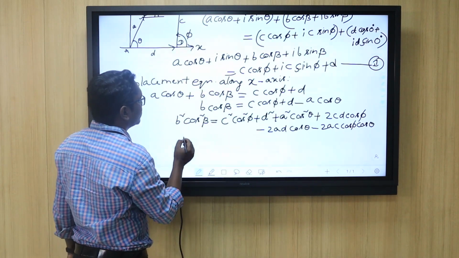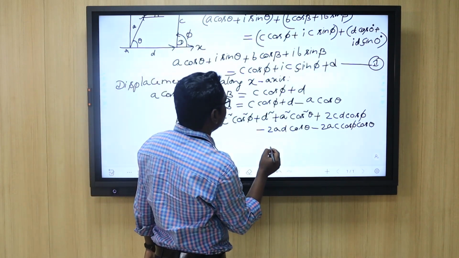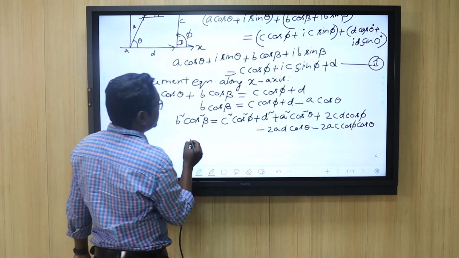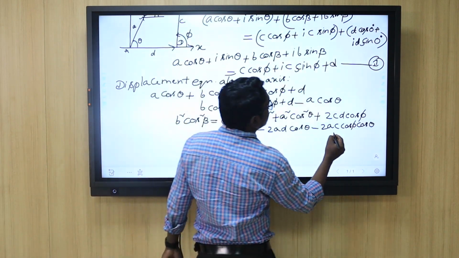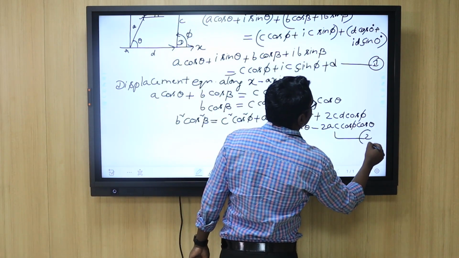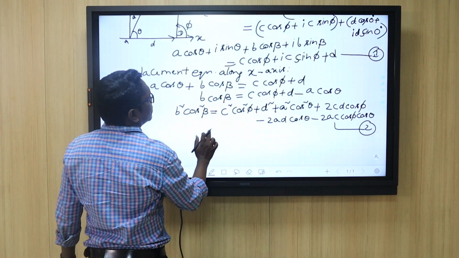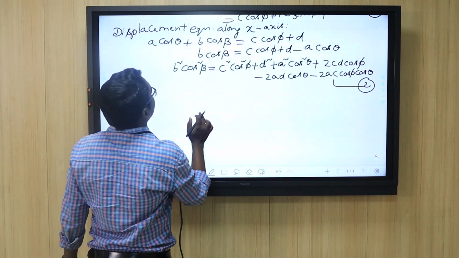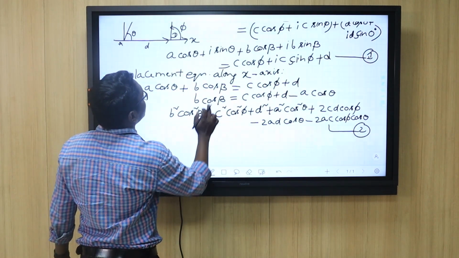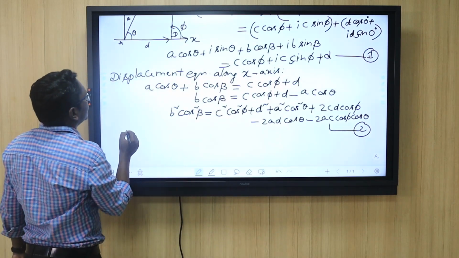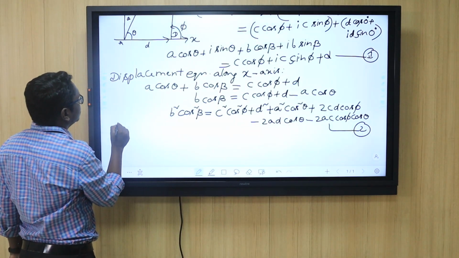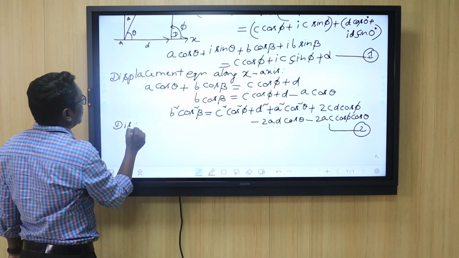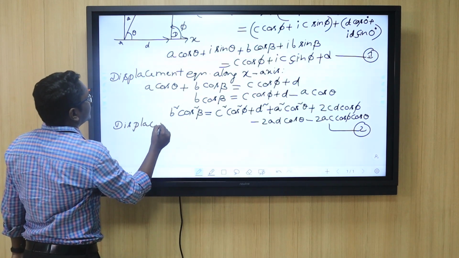Let us consider this as the second equation. Now let us write the equation for displacement along the y direction.